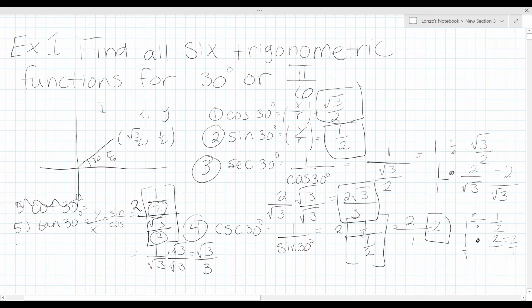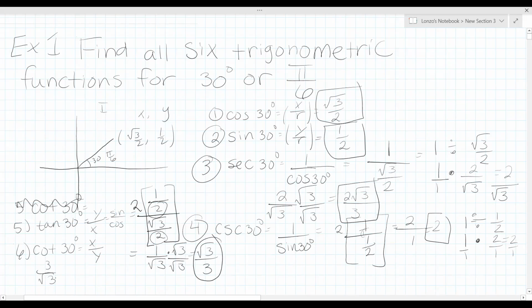Let's find cotangent of 30. So that's like the last one we had to find. So cotangent is just the reciprocal of tan. So cotangent is x over y. So all you got to do is just flip this. So that's going to be 3 over radical 3.